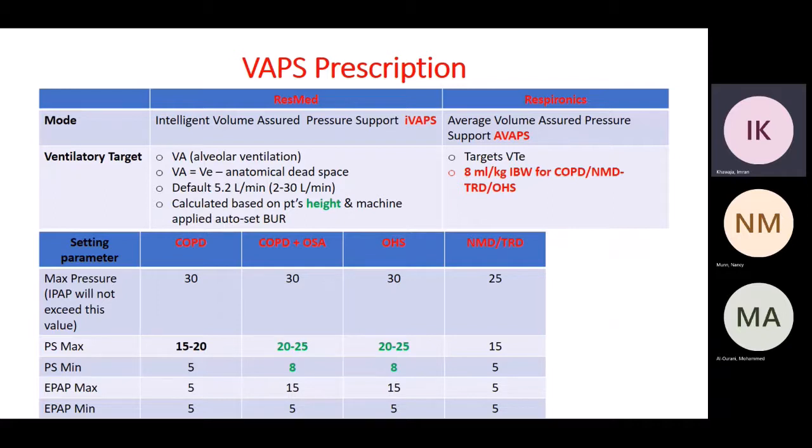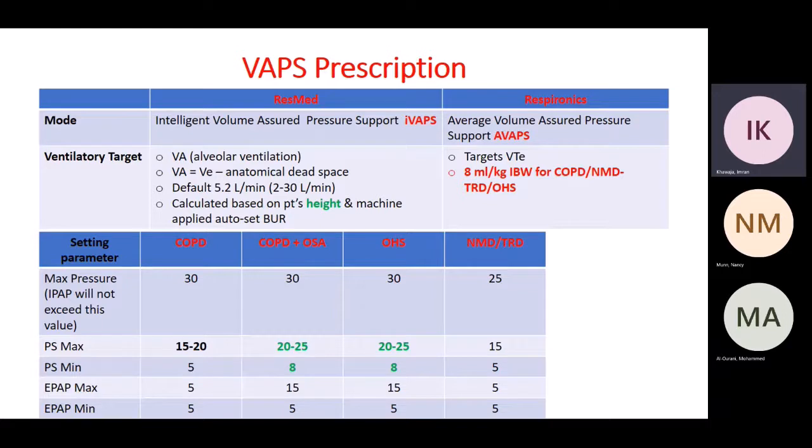Okay, and you have to know that if I'm using a different set of EPAP, the mode in this situation is going to be called AVAPS-AE, which is auto or adjustable EPAP. But if I'm using fixed EPAP, then the mode is going to be AVAPS.